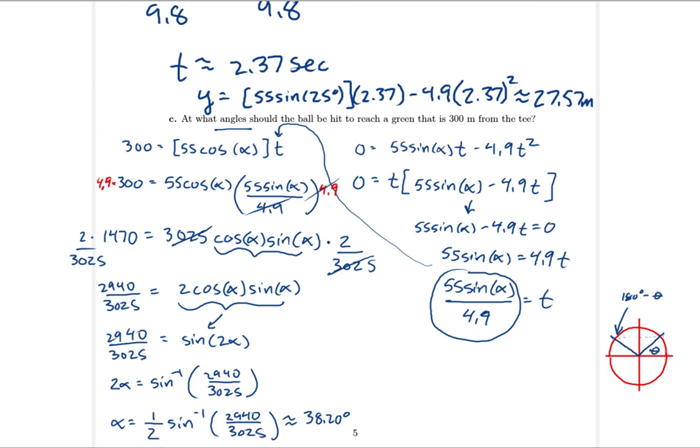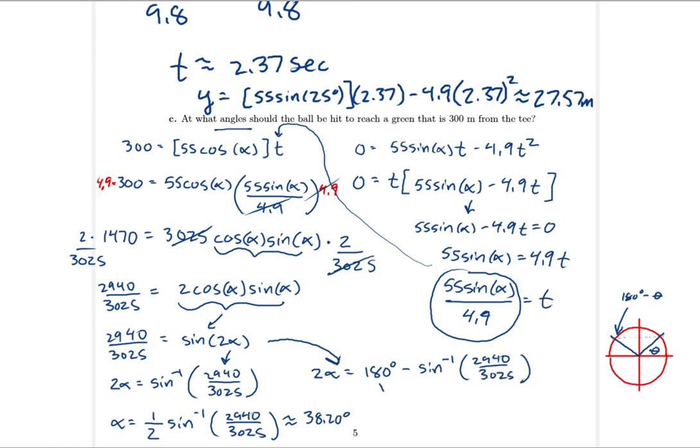So at this point right here, what we also wanted to do would have been to say 2 alpha is equal to 180 degrees minus the sine inverse of 2940 over 3025.